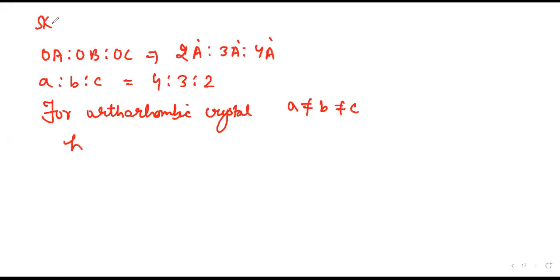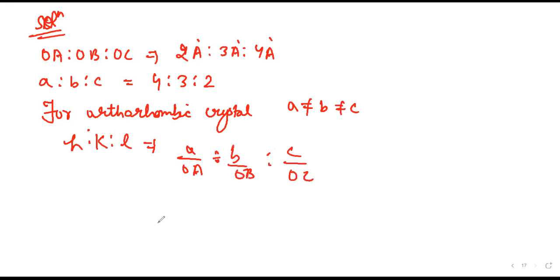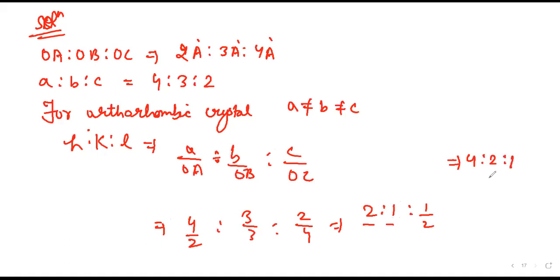This is your solution. So h ratio, k ratio, l will be equal to a over OA ratio, b over OB ratio, c over OC. So here you will get 4/2 ratio 3/3 ratio 2/4. So 2 ratio 1 ratio 1/2. Just make the denominators equal, you will get the answer as 4:2:1. So (hkl) will be equal to (421).